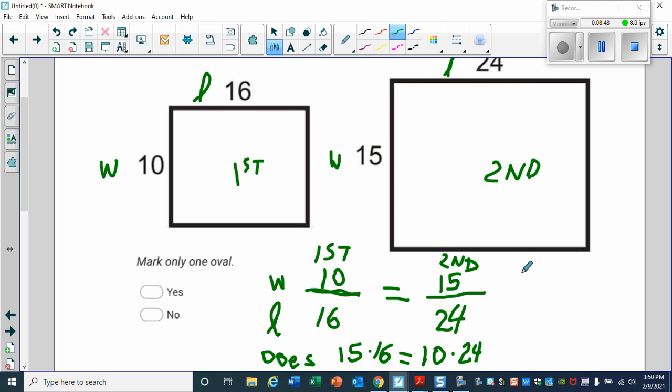Or you could simplify both of these fractions. What can you simplify 10 over 16 down to? Or what can you simplify 15 over 24 down to? And if it's the same value on both sides, then they are similar. But if they're different values, then they're not similar.